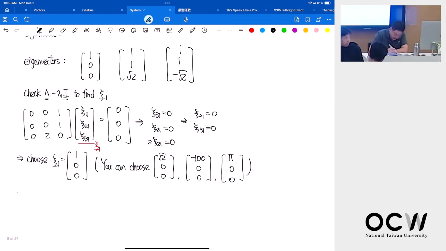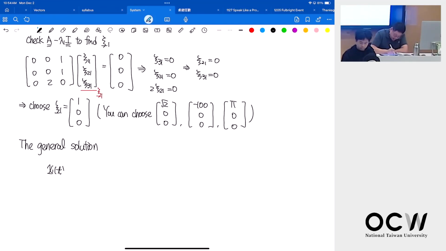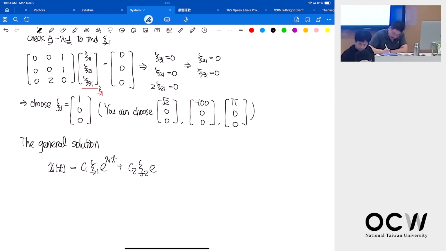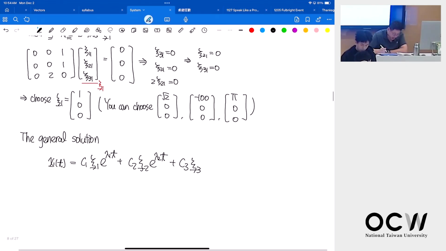The general solution is x equals c1 eigenvector 1 times e to the eigenvalue 1 t, plus c2 eigenvector 2 e to the eigenvalue 2 t, plus c3 eigenvector 3 e to the eigenvalue 3 t, the linear combination.